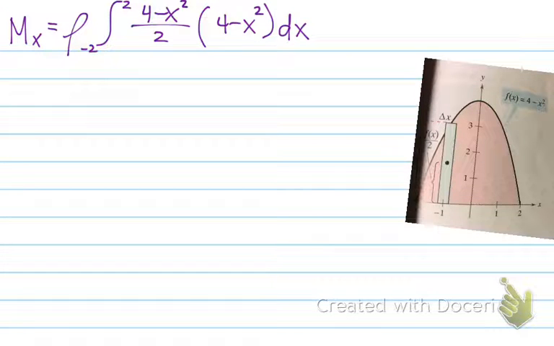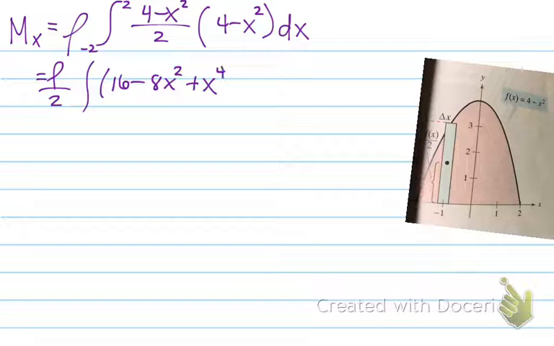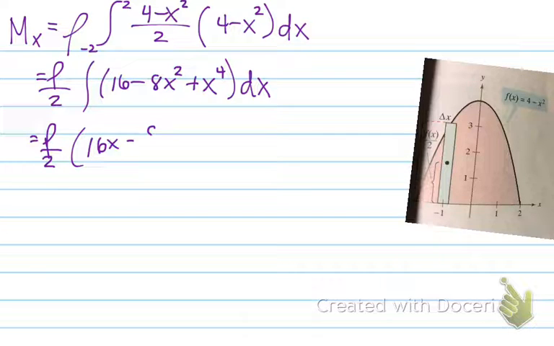So I can factor out a 2, so I'll get rho over 2 times the integral of 16 minus 8x squared plus x to the 4th dx. And if I integrate that, I get rho over 2 times 16x minus 8x cubed over 3 plus x to the 5th over 5 from -2 to 2.